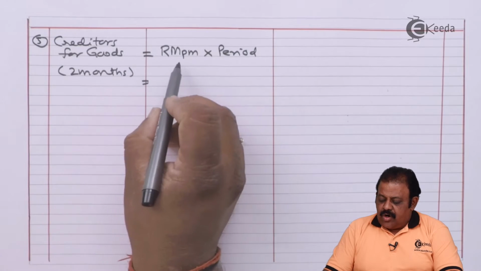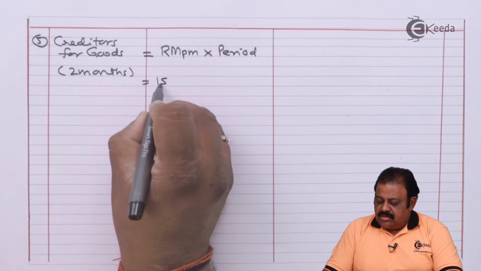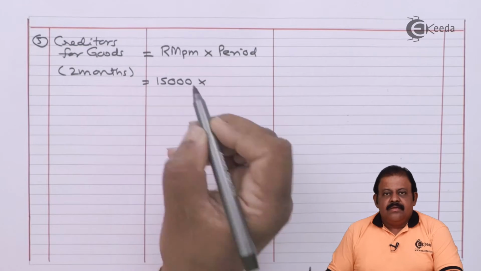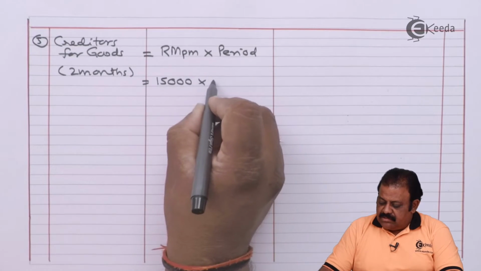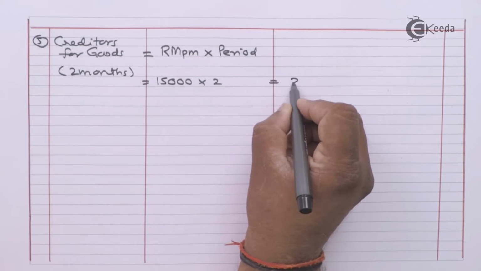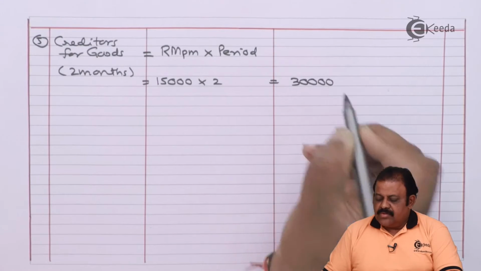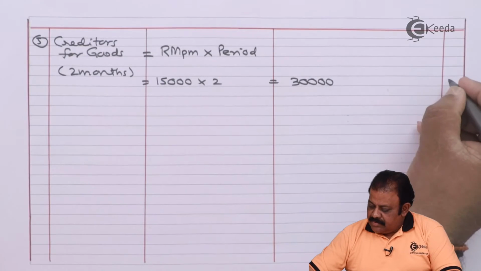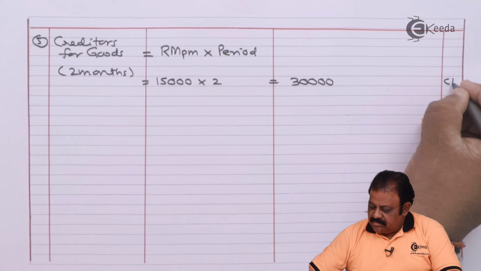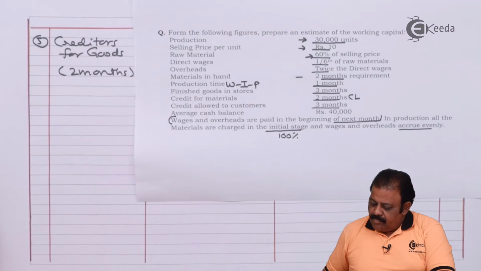Creditors for goods, raw material per month 15,000 multiplied by period 2 months. So it will be 30,000. This will be treated as current liability.